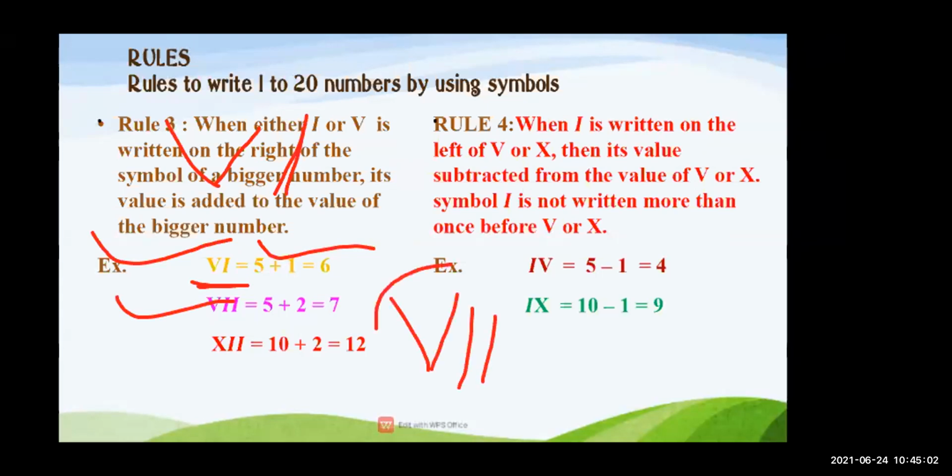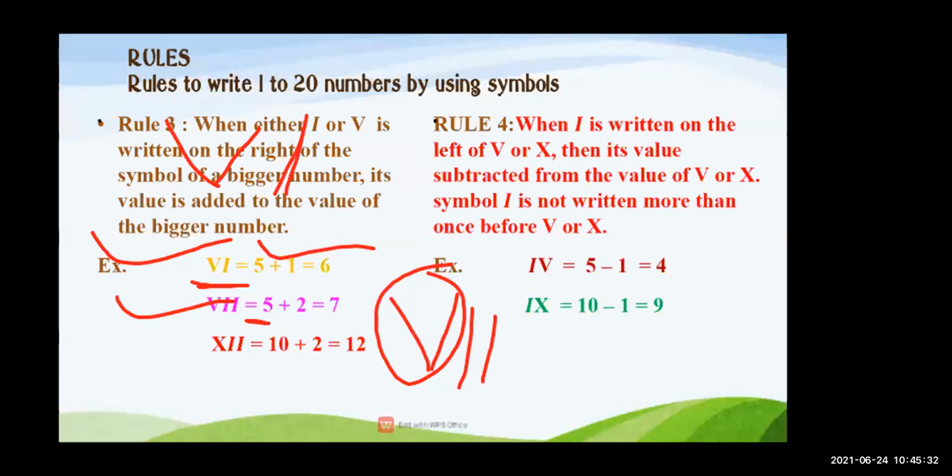Now V means 5, already written. I appears two times, so that is 2. So it becomes 5 plus 2 because it is written on the right side. We have to add it. So it makes the Roman numeral 7.